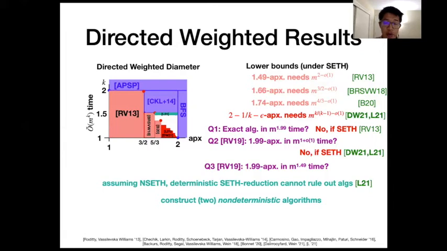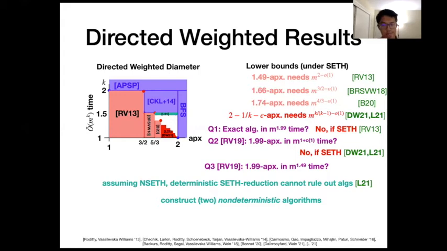On the other hand, if you don't believe that these algorithms exist, then what this is saying is that to prove a hardness result ruling out such algorithms, you either have to start from a hypothesis other than SETH, or you need to start from SETH but disprove NSETH along the way.